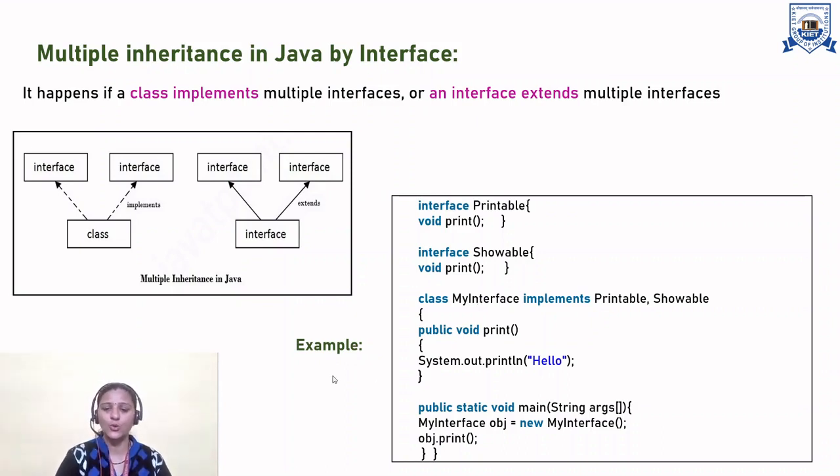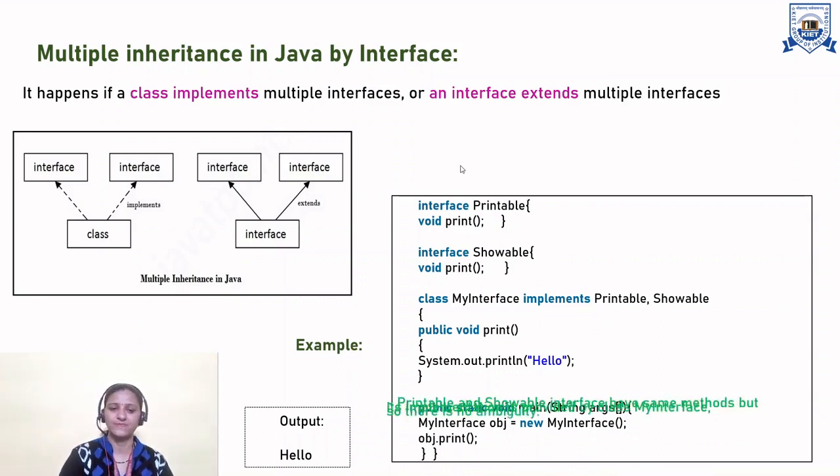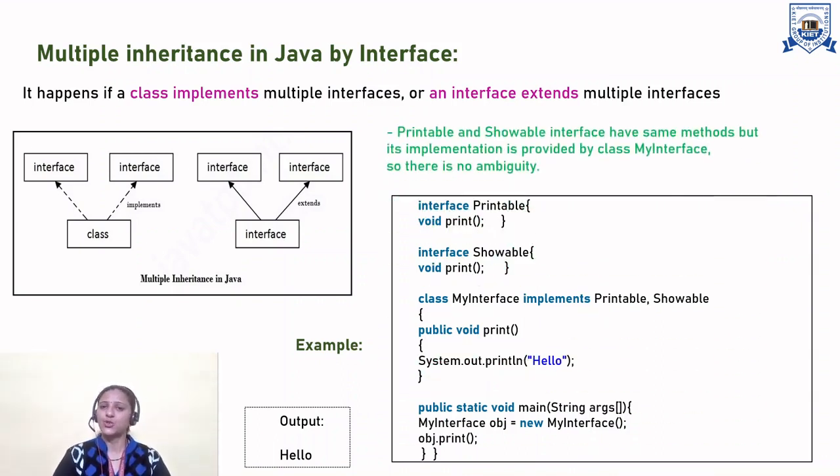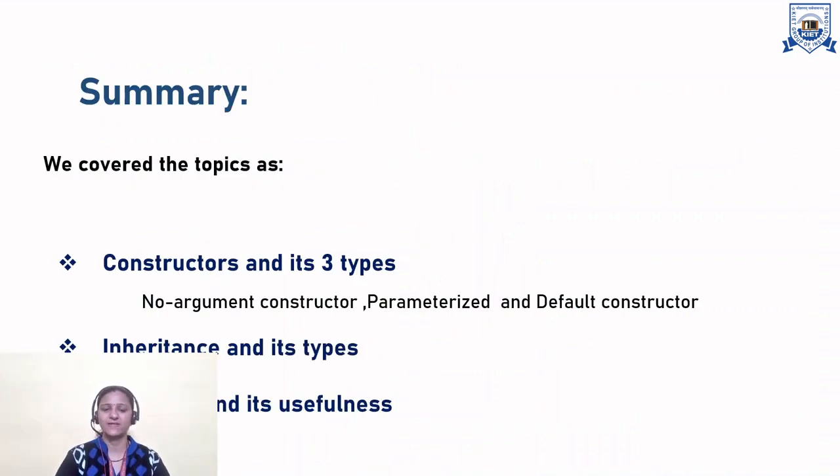There will be no ambiguity. So this way multiple inheritance is possible. Output will be hello, because it has given its own definition. Your interface does not have any definition of this method. Printable and showable interfaces have the same methods, but the implementation is provided by the class. So there is no ambiguity.